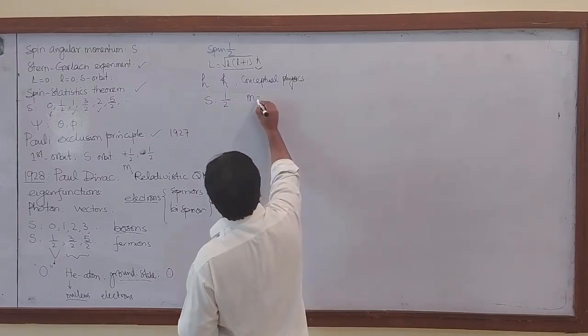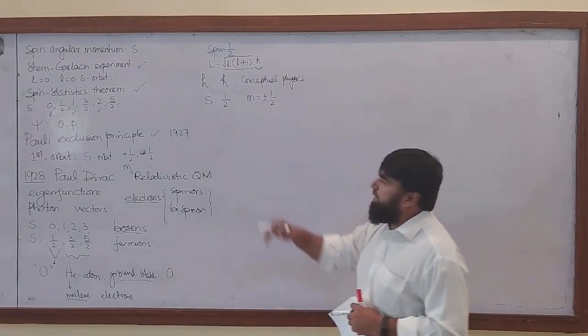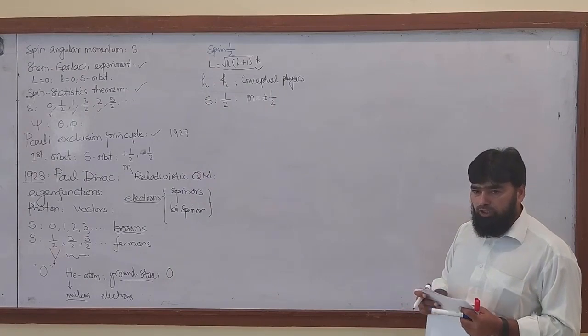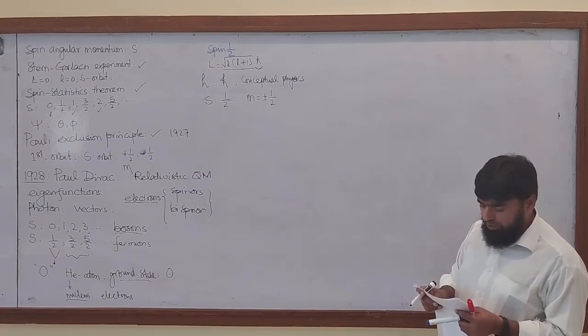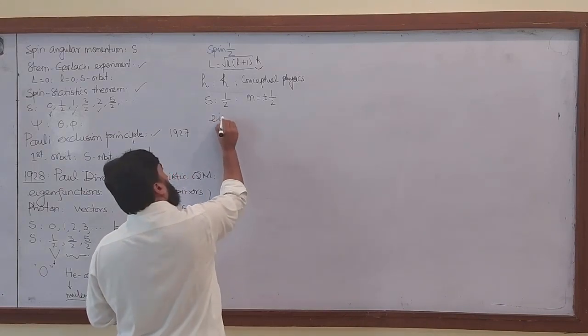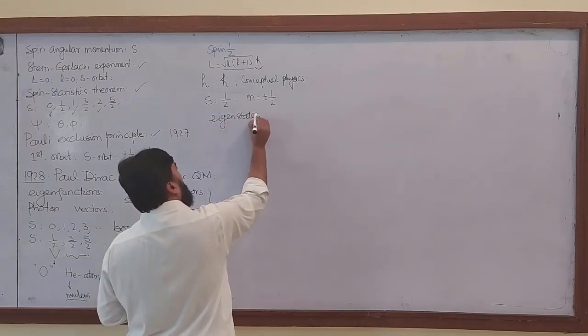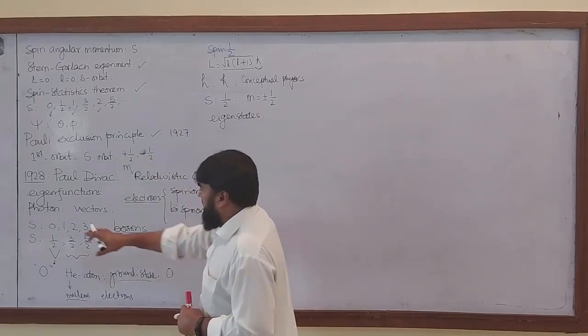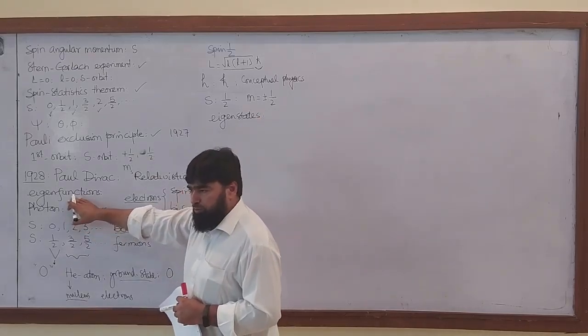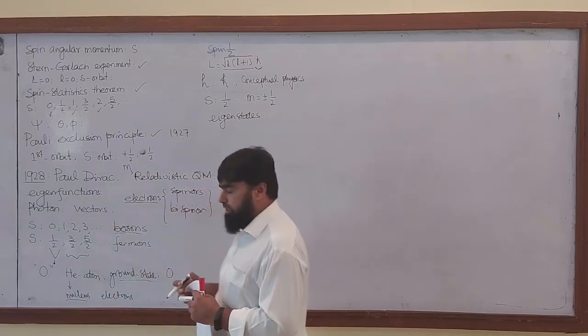So m will have 2 values, plus half and minus half, as we observed in the Stern-Gerlach experiment. So there will be 2 eigenstates, as the eigenfunctions. An eigenfunction is a function associated with a given state.